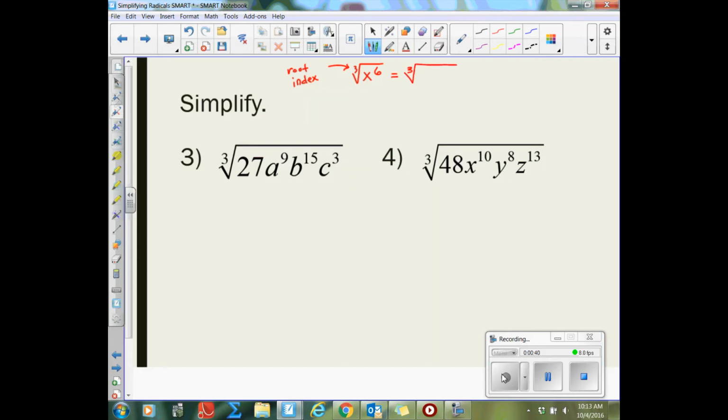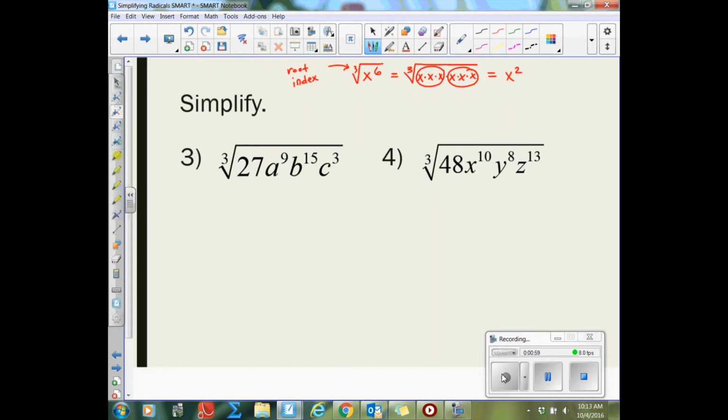So if I have 6 factors of x, cube root means we're looking for 3 matching factors, and there were 2 sets of 3.